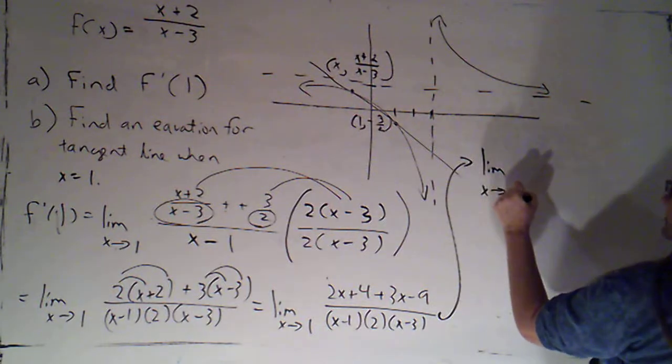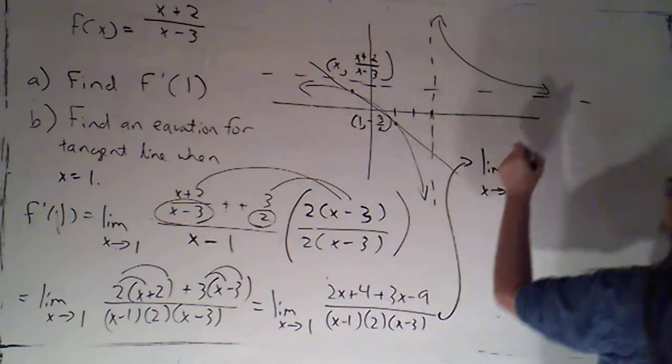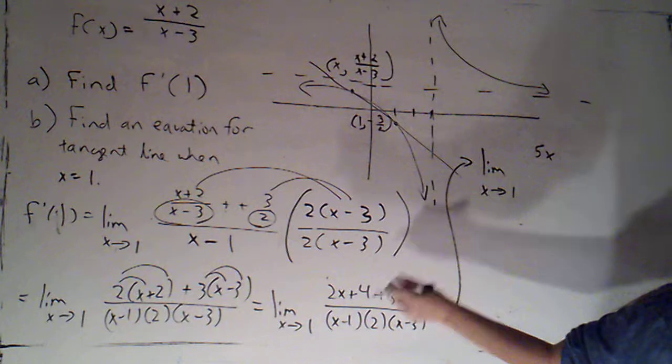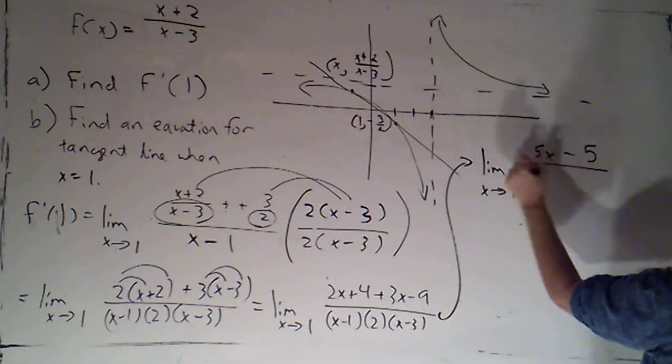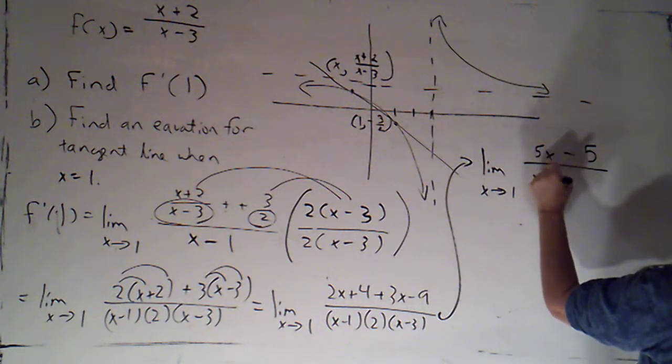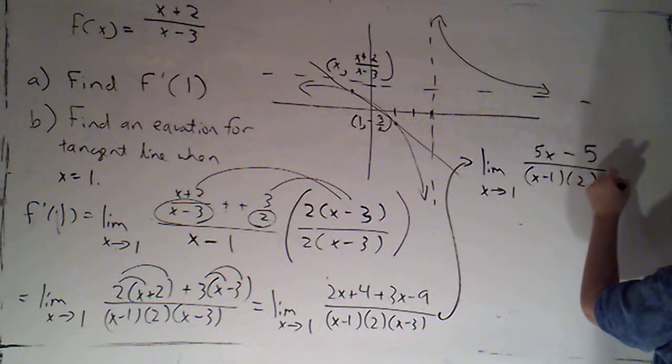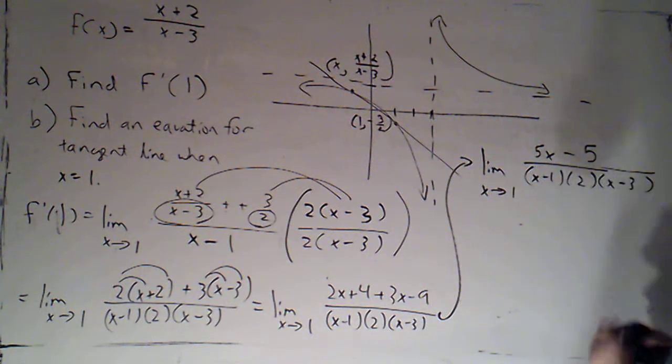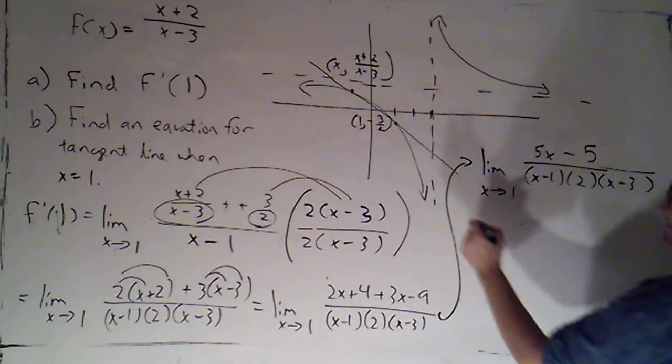Limit as x goes to 1. I'm going to have 5x plus 4 minus 9 is minus 5 on top, over x minus 1 times 2 times x minus 3. On top now I can factor out a 5.